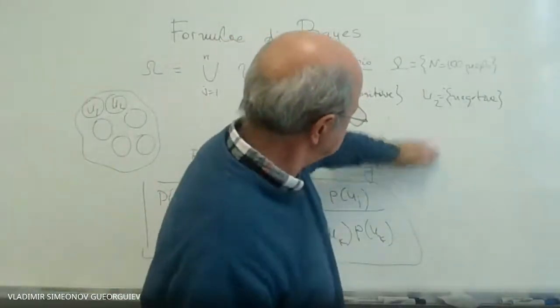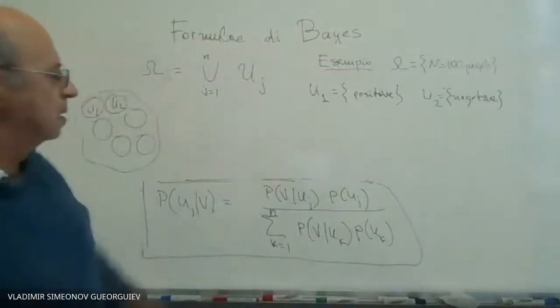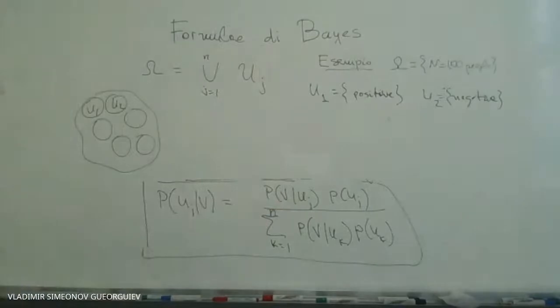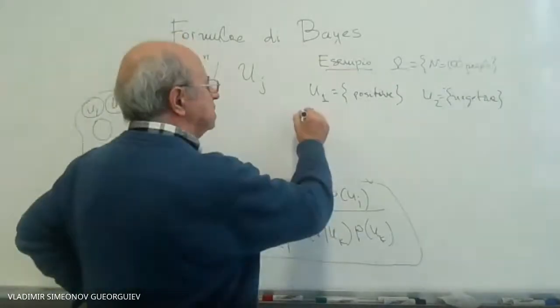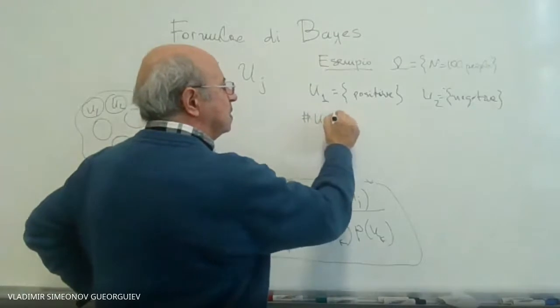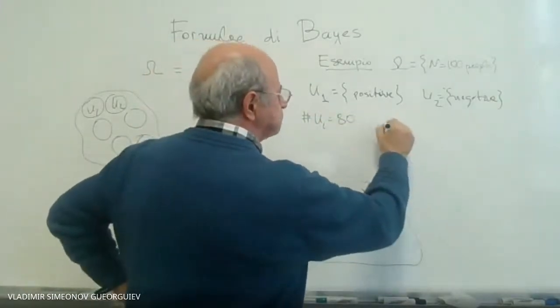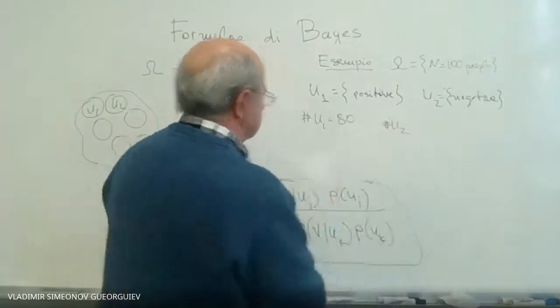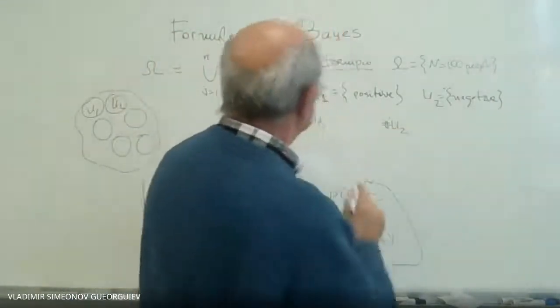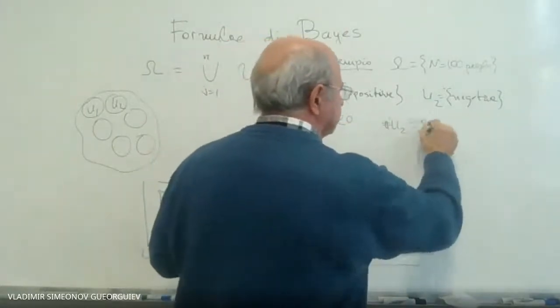Practically what we need is the Bayes formula. So U1 shall be of 80 people, U2, no, it's opposite, 20, and it shall be 80.